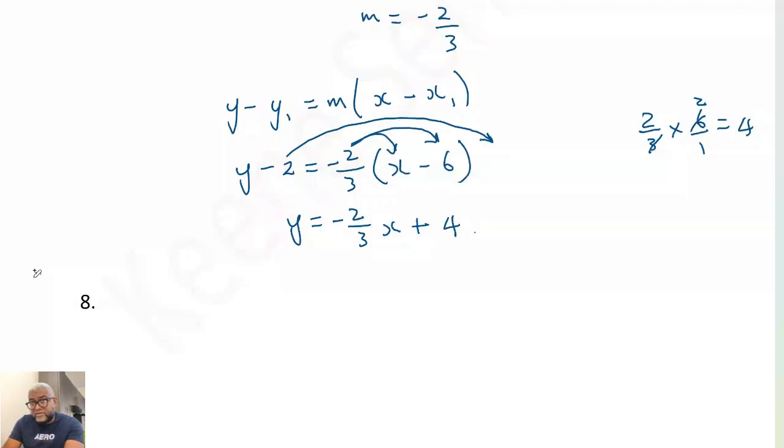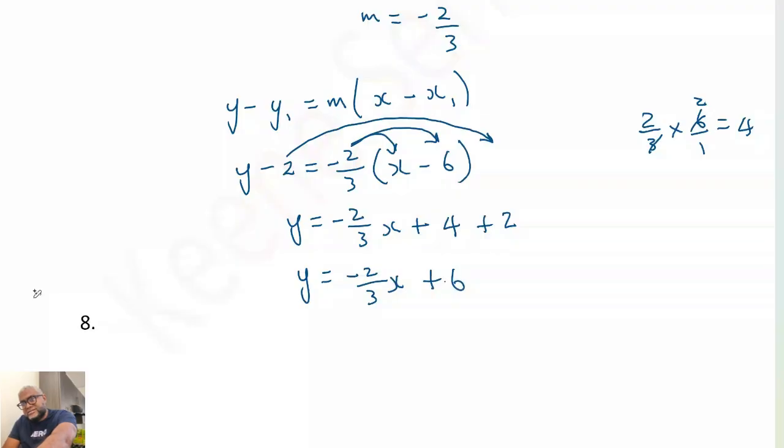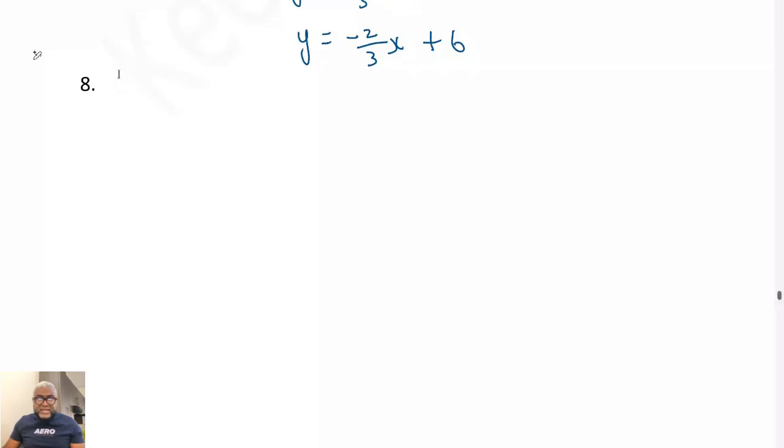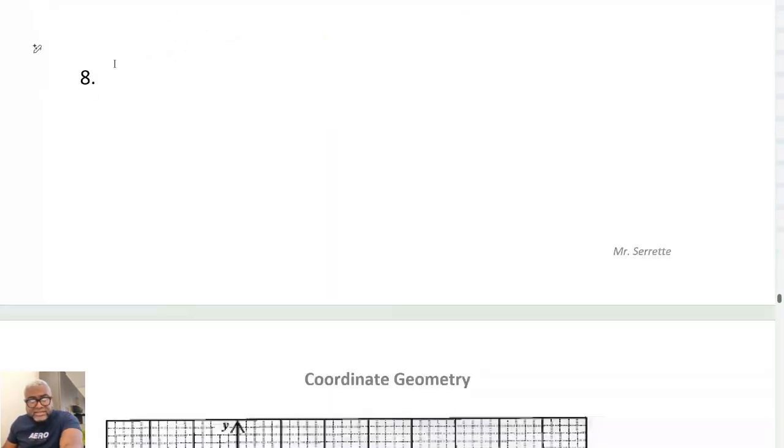That's how I got the 4. Minus 2 will become plus 2. So the equation of my line would be y is equal to negative 2 over 3x plus 2. This is the equation of a line which is perpendicular to PQ.